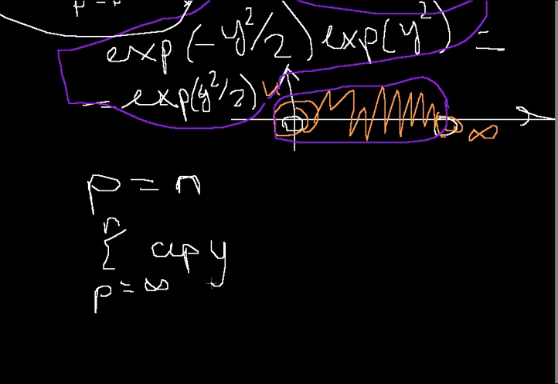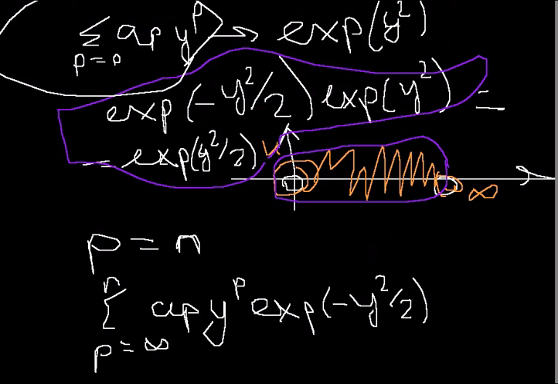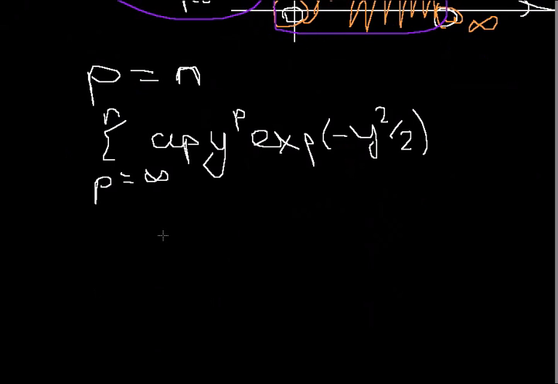A from p, y to the power p, exponent minus y squared divided by 2. Then we take this relation, p plus 1 minus alpha.